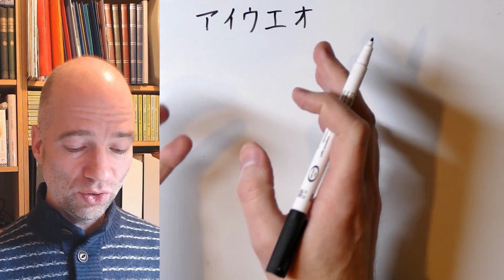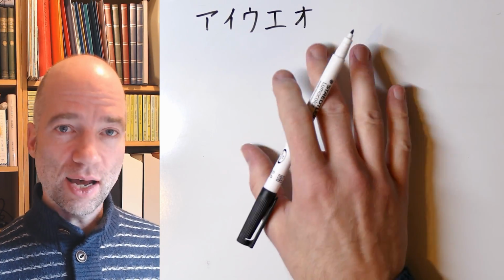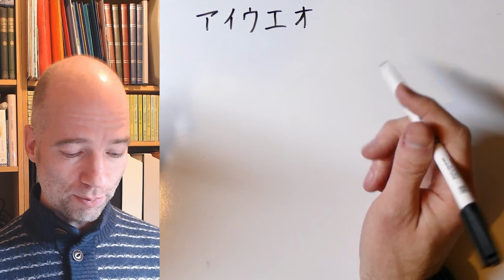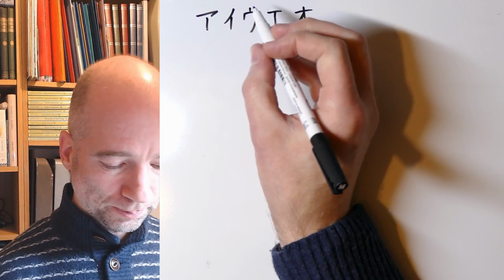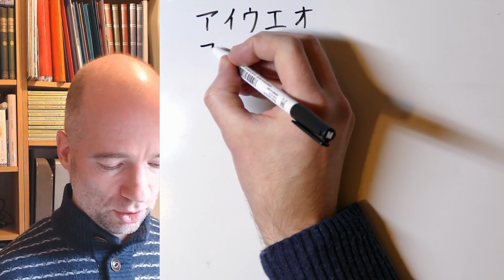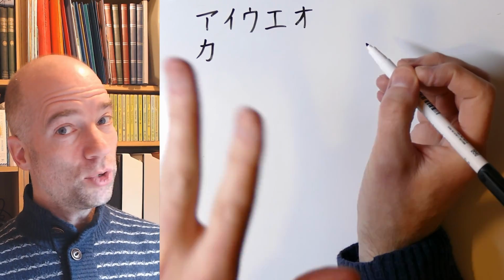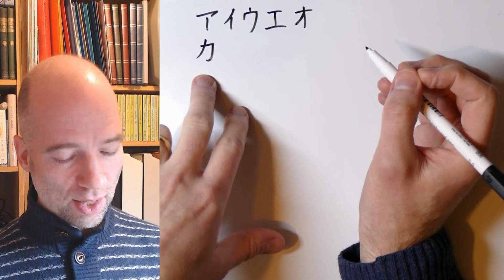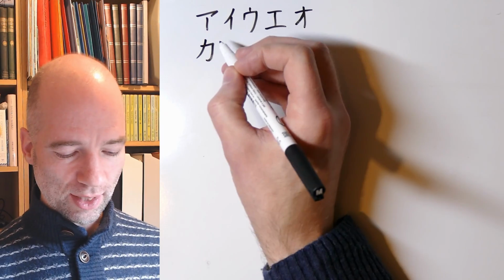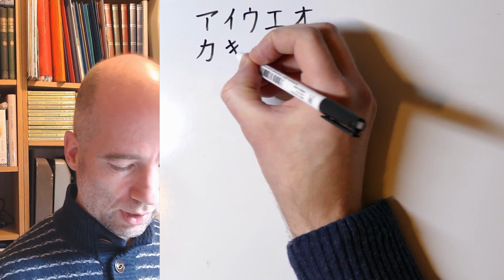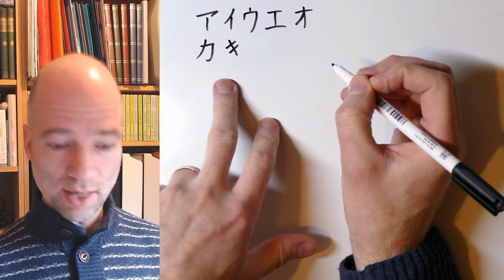And because you also use the katakana less than hiragana, it might be easier to confuse them and mix them up. So very soon you will encounter katakana that look a lot like each other. And some look a bit like hiragana as well, like the ka here. It's just missing that little thing at the end. Ki, also very much like its hiragana counterpart.